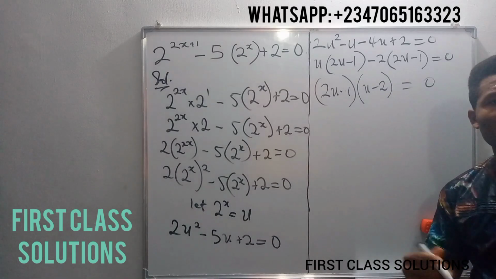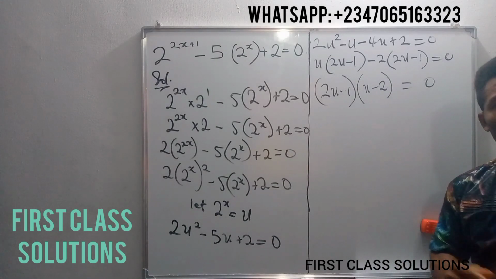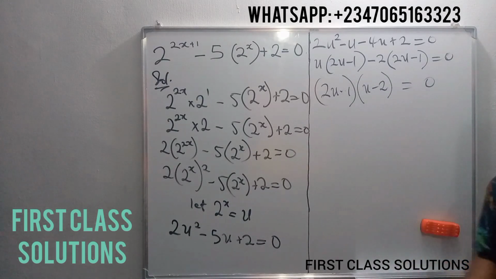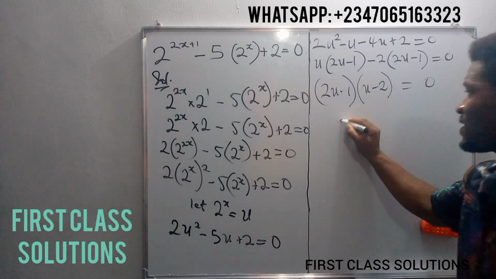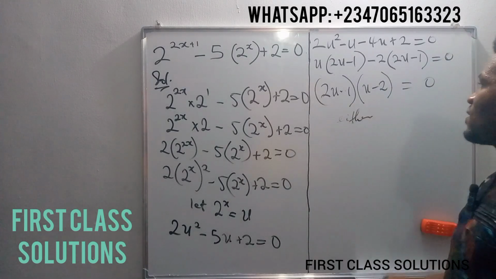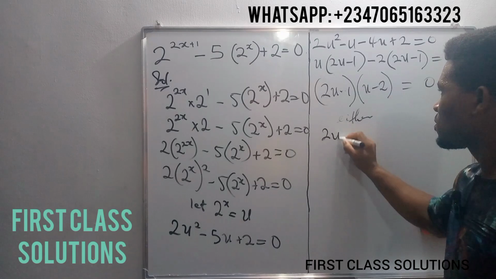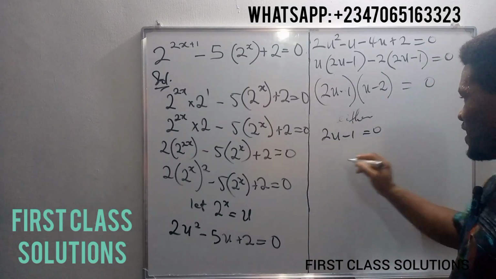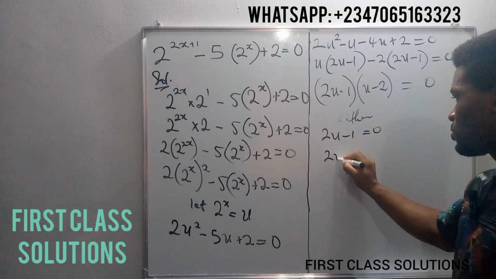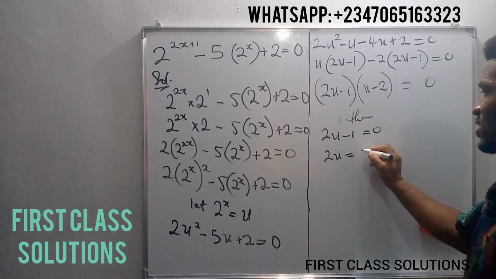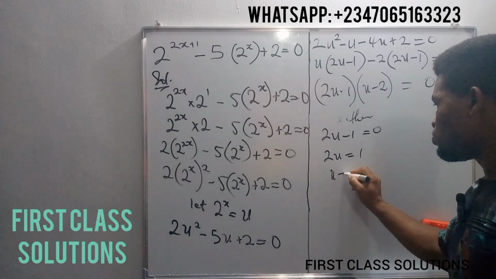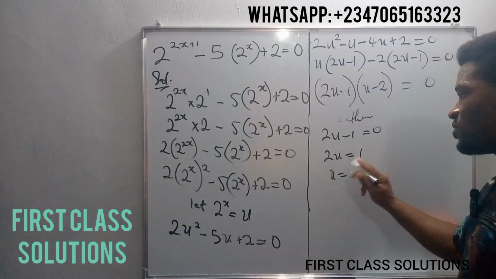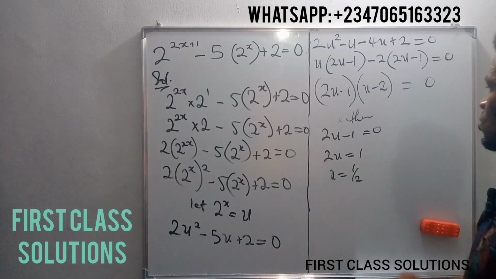When two values multiply each other to give 0, it means that either one of the values is 0 or both of the values are 0. So let us say either 2u minus 1 is equal to 0, which means 2u equals 1, taking minus 1 to the other side, where u equals, dividing both sides by 2, 1 over 2.